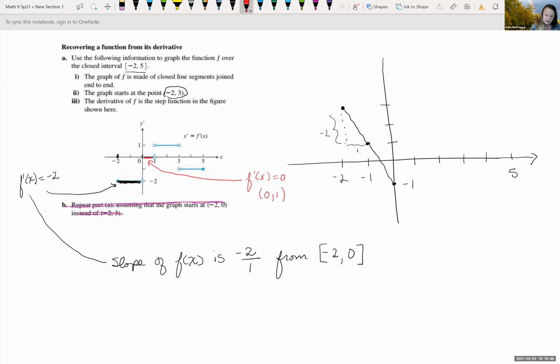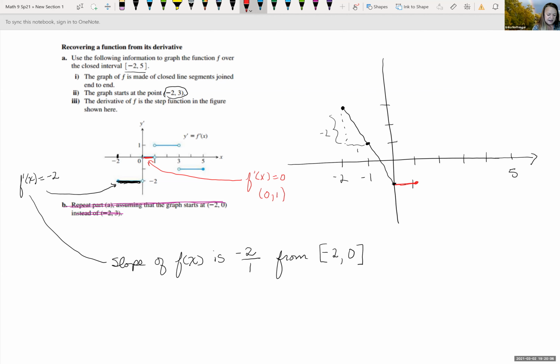If its slope is 0 between 0 and 1, it has to be a horizontal line. So that gives me a slope of 0.